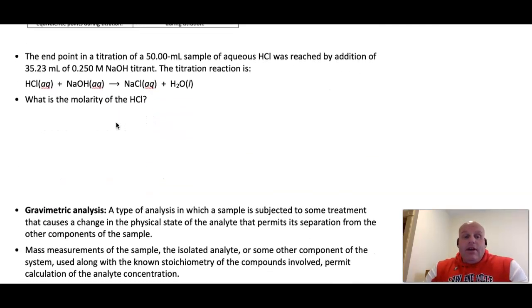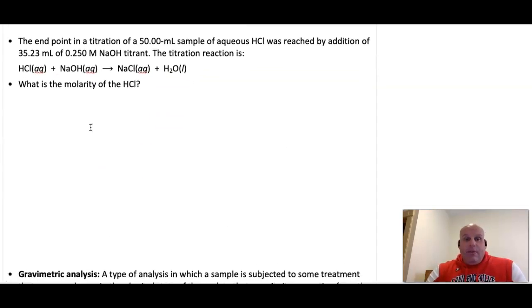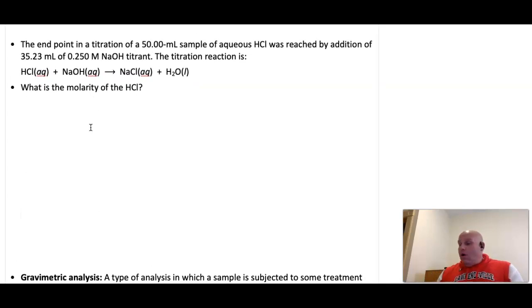So let's take a look here at a quick problem for a titration. Okay, here's an example problem. So much of what we've done so far leading up to this point comes into play in this example problem that we see here.